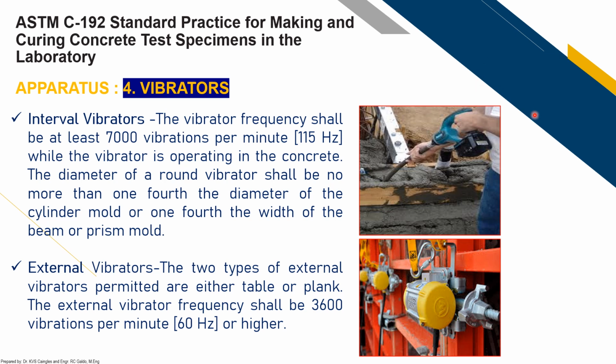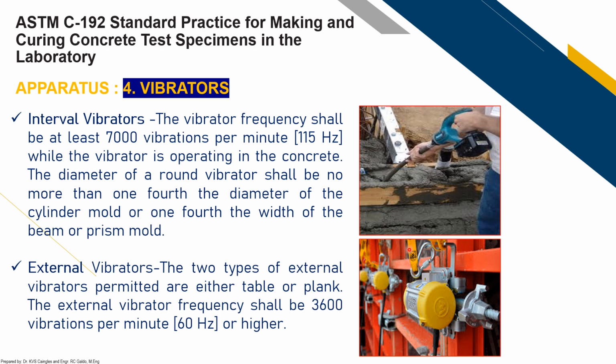Next we have vibrators. Ang kaning vibrators is for consolidation gihapon ni siya. When we say vibrators, duha ka klase: the internal vibrator and then the external vibrators. And as to the sizes and dimensions of these vibrators, naka-specify gihapon siya dire. I will not be reading that one na. For the internal vibrator, ang iyahang frequency should at least be 7,000 vibrations per minute.